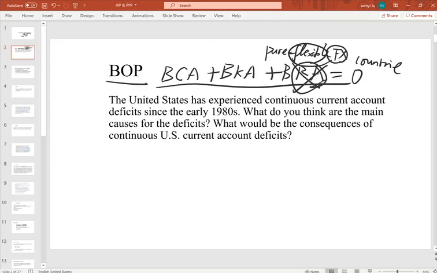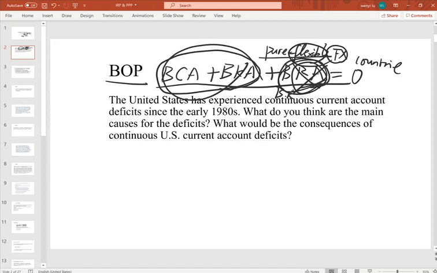So this one will be gone, and we have only two accounts for pure flexible exchange rate countries. But in reality, not every country has a pure flexible foreign exchange rate. Even for the US, our currency is not purely flexible. So we have this reserve account.